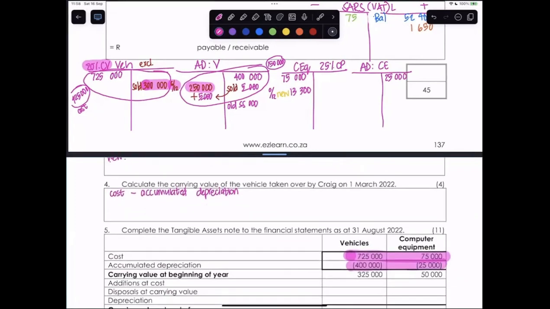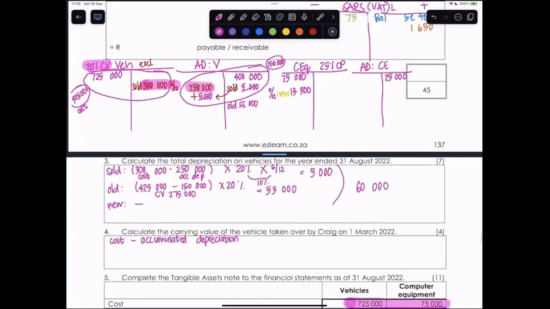The carrying value of the vehicle that was taken over by Craig, you would obviously have taken the original cost of the vehicle that was taken over.